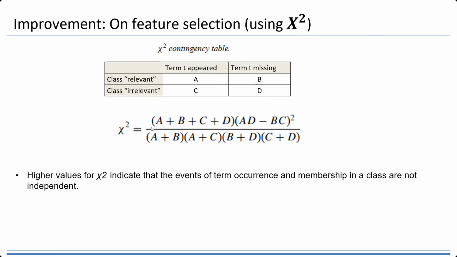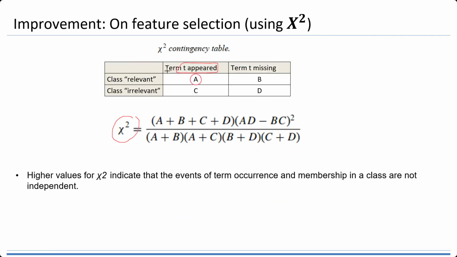For example, using the chi-square. The chi-square will show you the correlation. For example, how many times the term T appears. So this is a number.